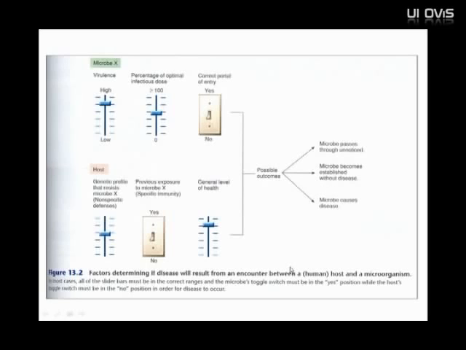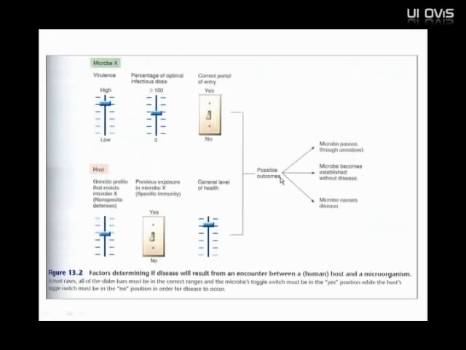This can appear when the microbe has virulence, enters the body through the right portal with the optimal dose, but the host already has specific immunity to this microbe, so the disease will not be produced.